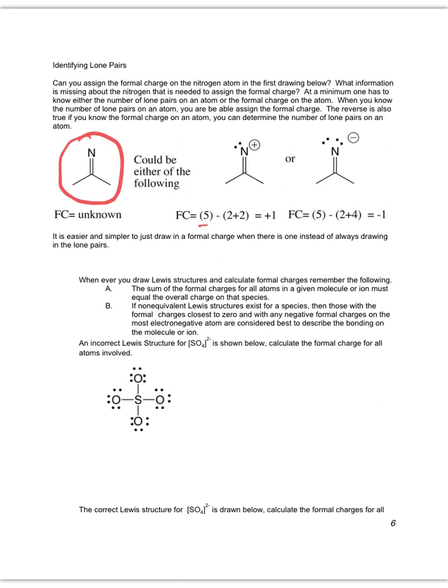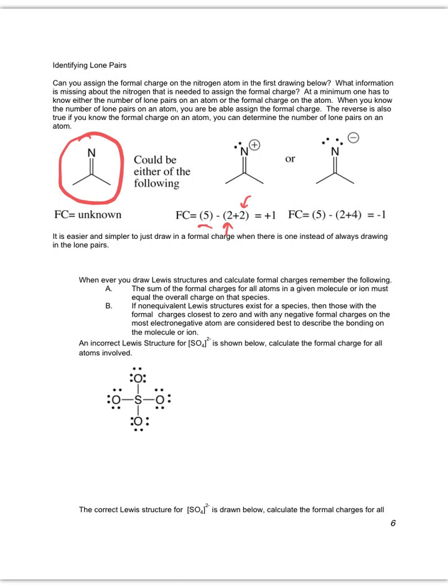So in this, when we think about the first one, it has 5 electrons assigned to nitrogen from the periodic table, and we subtract the number of electrons assigned to it in this ion. It has 2 bonds, and it has 2 electrons in the lone pair, so 5 minus 4 gives us a +1. So the first compound is a +1.